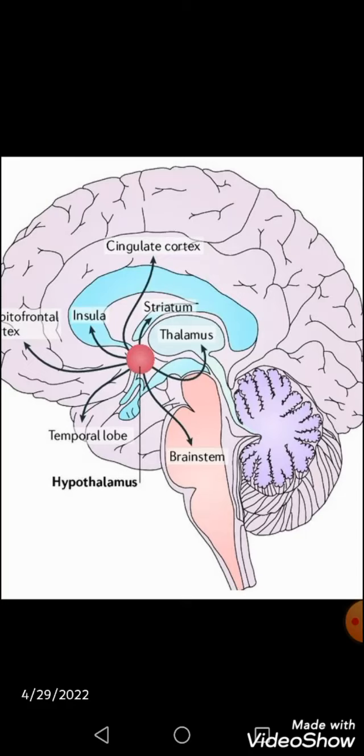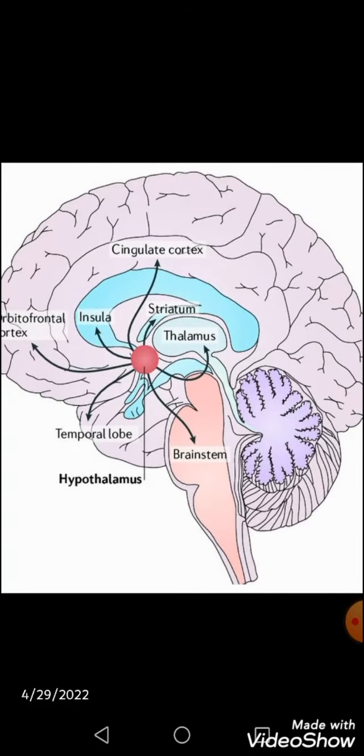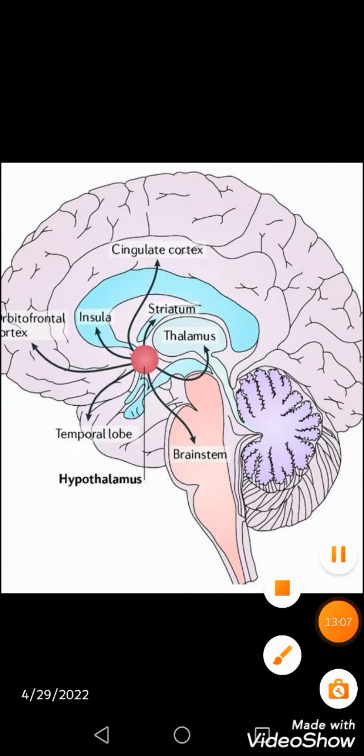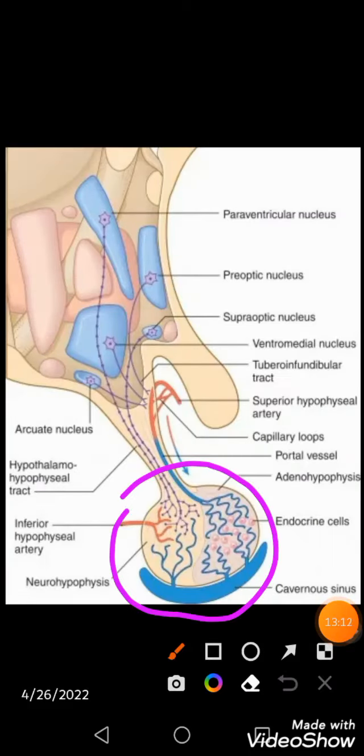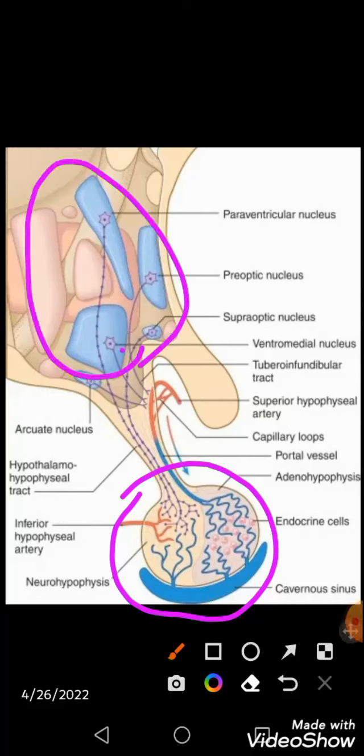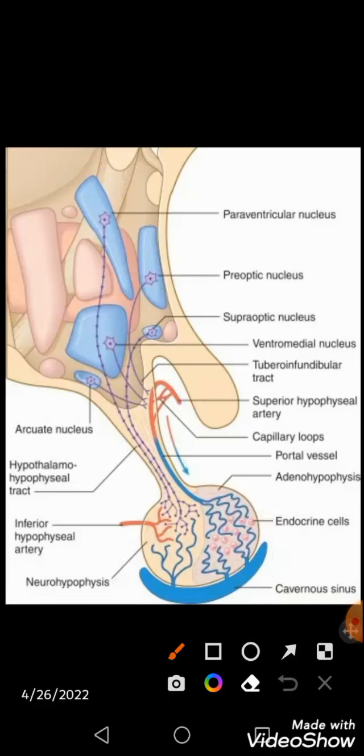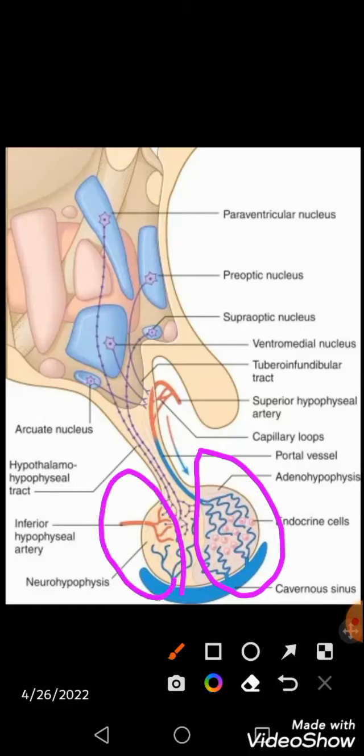Now we will see the endocrinal control as well. Here in this picture you can visualize the pituitary gland that is connected with the hypothalamus via the infundibulum, right? And what else I want to show you is that it has endocrinal control over the anterior pituitary and neuronal control over the posterior pituitary, right?